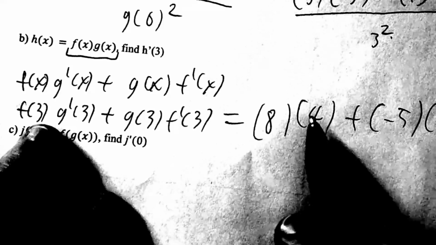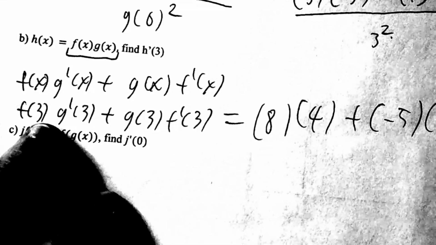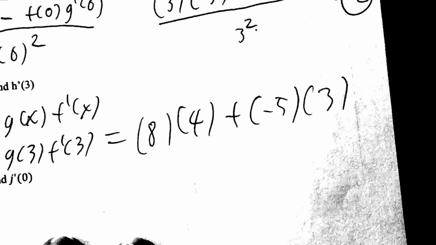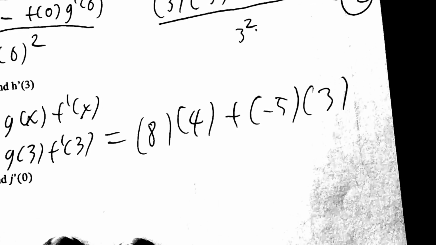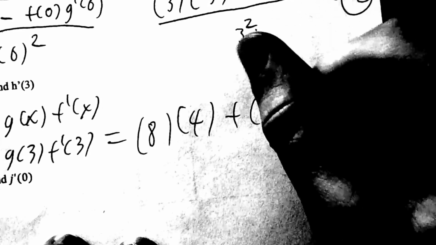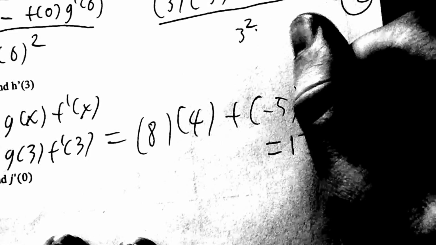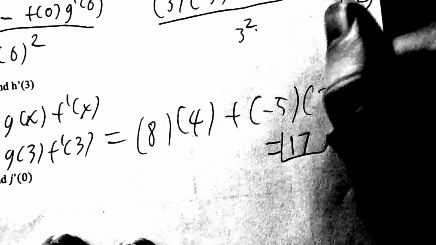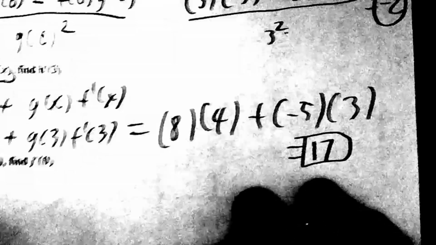So that's 32 minus 15 is 17. And we're good.